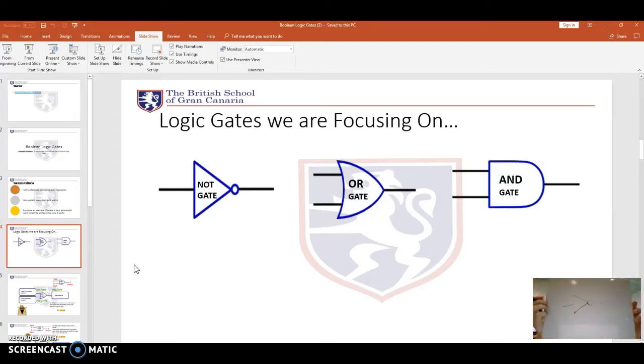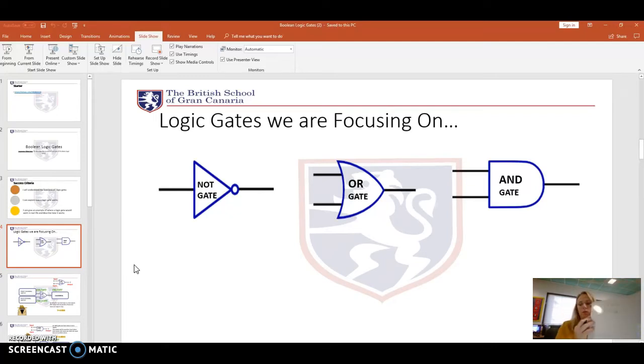Now, the NOT gate will do the opposite of exactly what is happening. So if you remember our Boolean, okay, so Boolean is simply true or false. Okay, with Boolean there's only 2 answers.